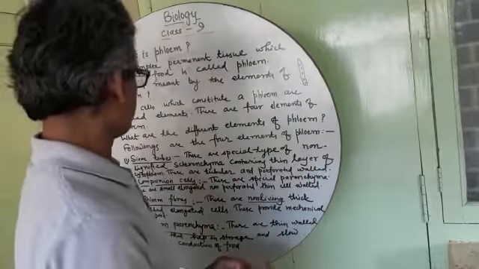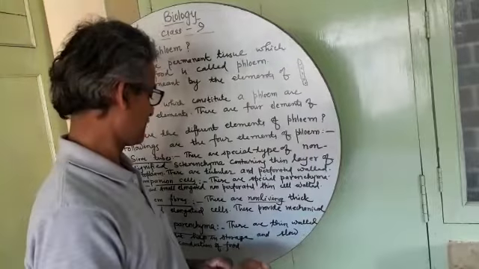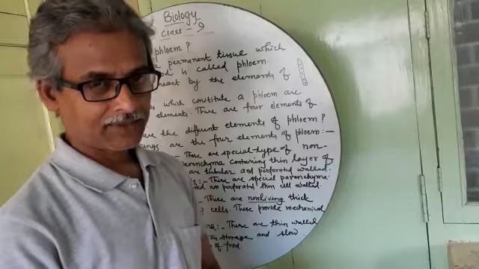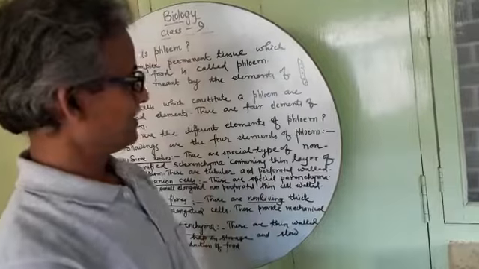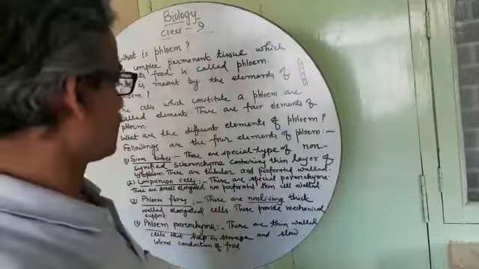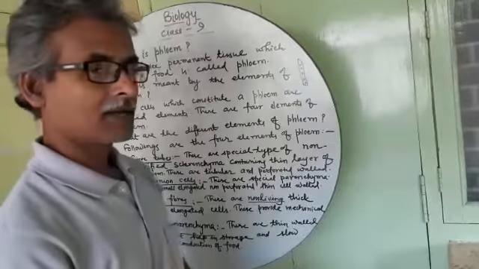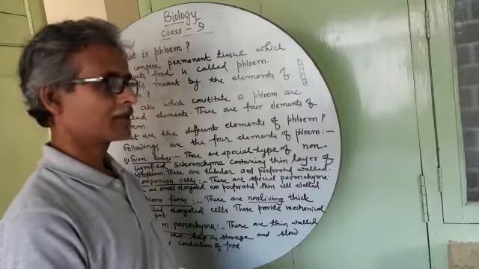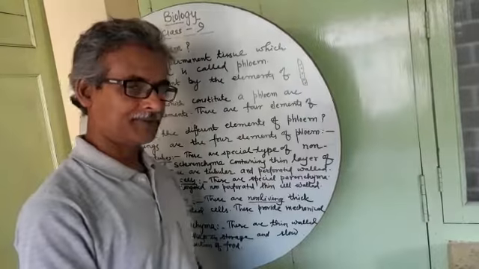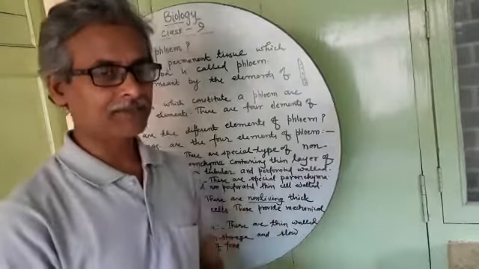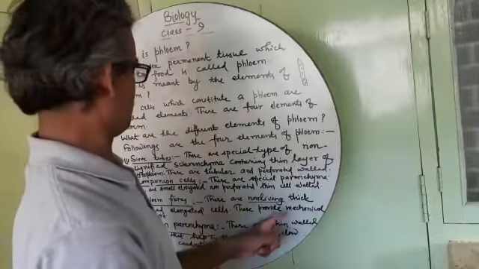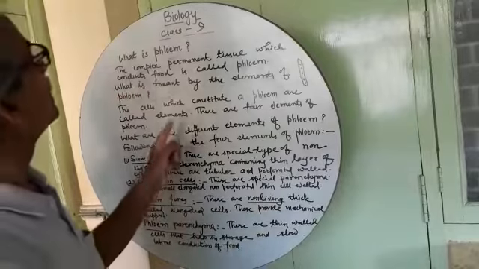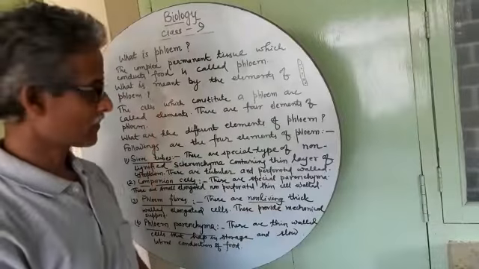Third one is phloem fibers. These are non-living cells. These are thick walled and these are elongated cells. That means these are tough, these are rigid, so these provide mechanical support to the phloem.